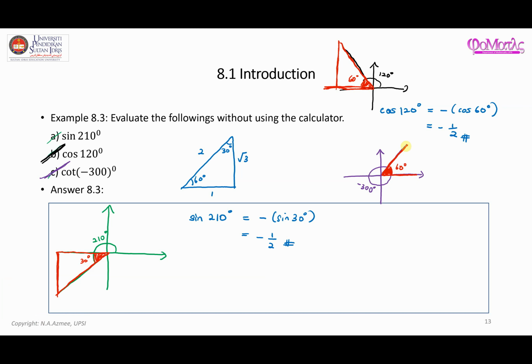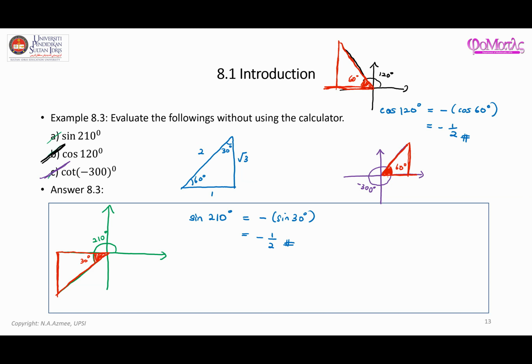And I need to find the length of the opposite, adjacent, and hypotenuse. Again, I can use this special angle diagram to figure out the length for each side that I have over here.